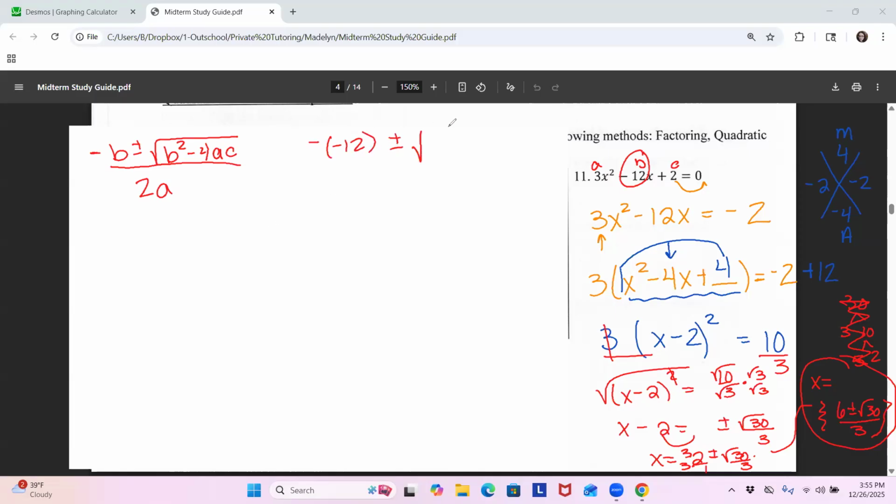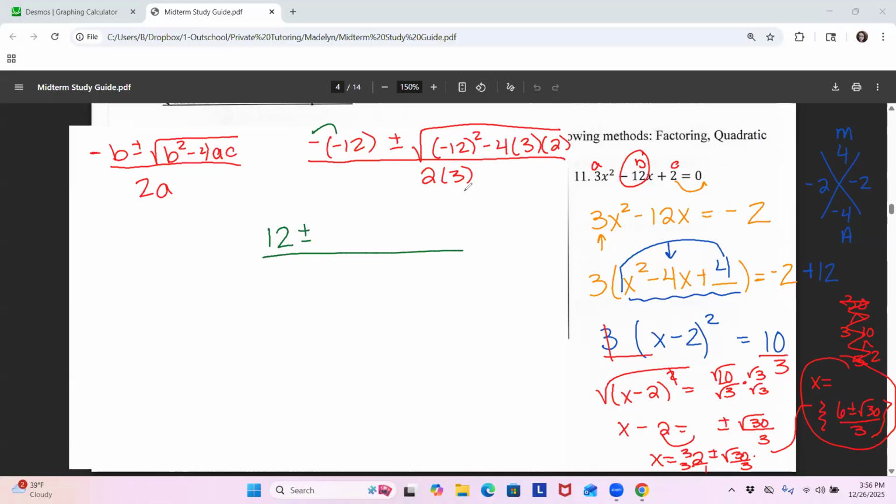Plus or minus big root negative 12 squared minus 4a, which is 3, c, which is 2, all over 2a. So 2 times 3. Okay, but negative, that's really going to be 12 plus or minus, and on the bottom, 2 times 3, that's going to be 6. And then big root, if you're allowed a calculator, push that in the calculator.